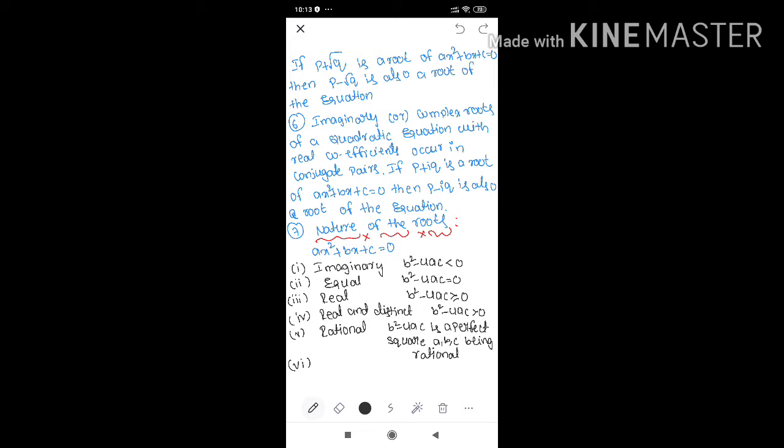Sixth point, equal in magnitude: condition is b is equal to 0.